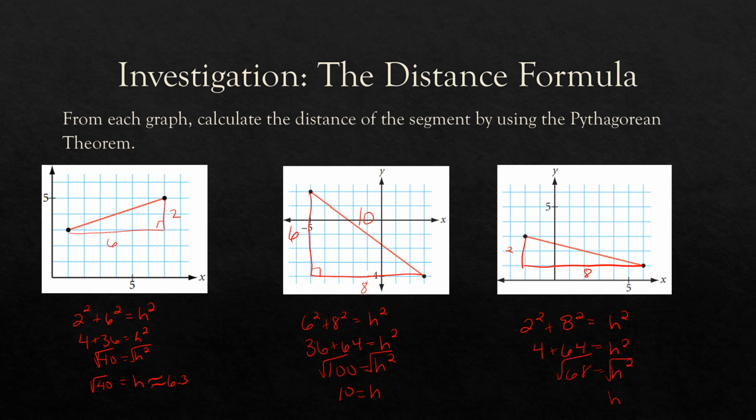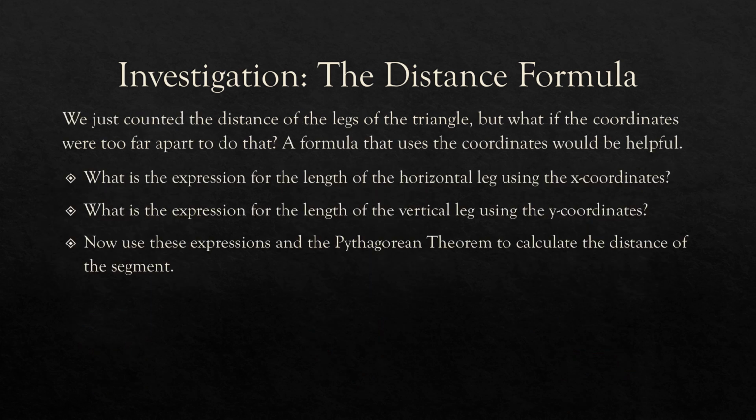My hypotenuse is then the square root of 68, which is approximately 8.2. So we just counted the distance of the legs of that triangle. What if the coordinates were too far apart? Let's think of a formula that uses the coordinates that would be helpful.